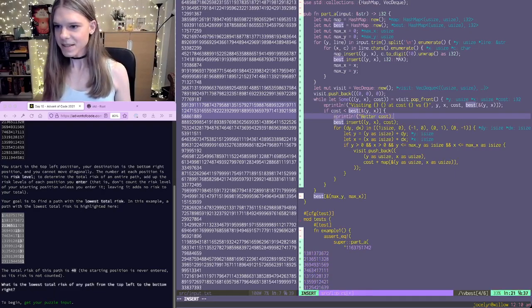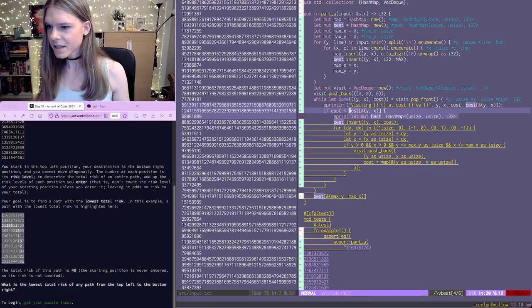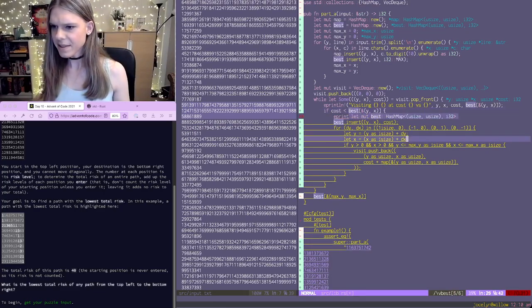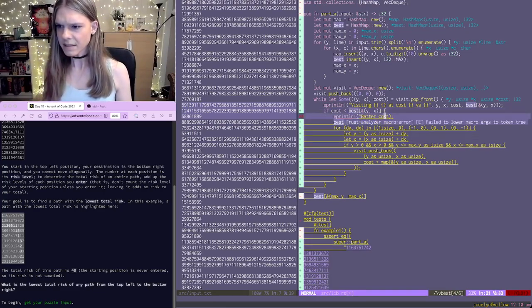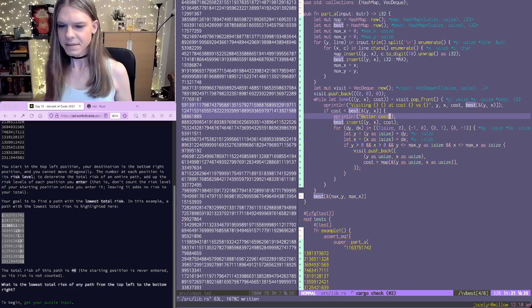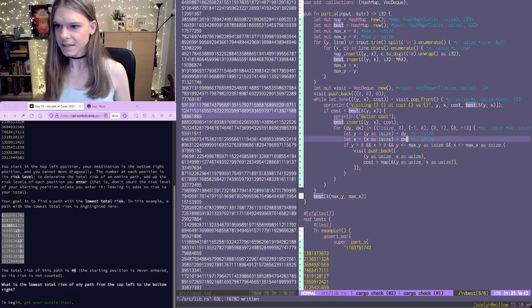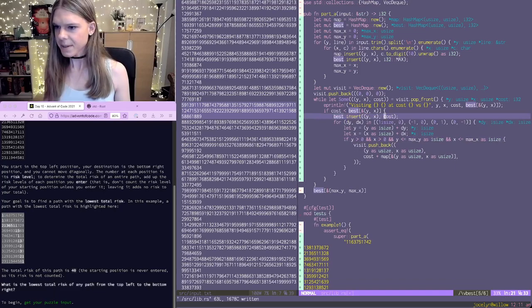What are the types here? So cost is I32. Best at that should also be I32. What am I missing here? Okay. So that works. And let's see.